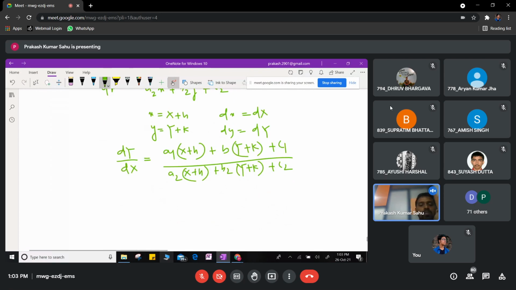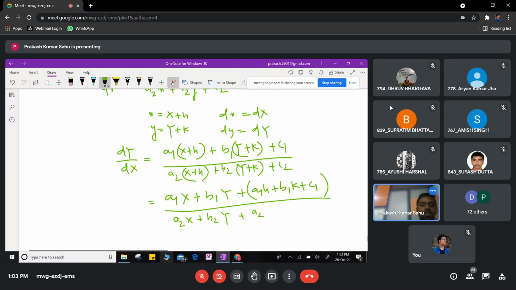Now if you simplify this, you will get a1X plus b1Y plus a1h plus b1k plus c1, this is the constant term, divided by a2X plus b2Y plus a2h plus b2k plus c2.